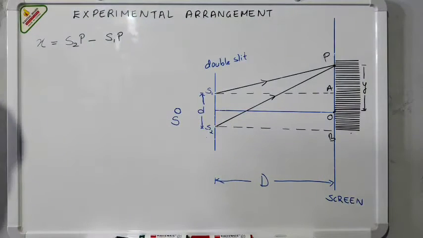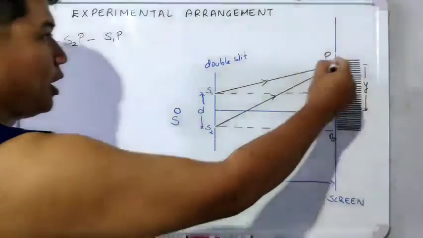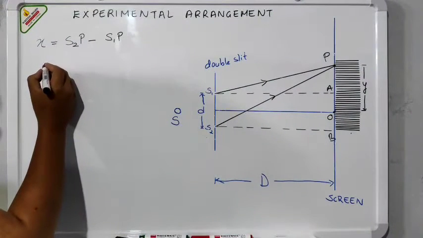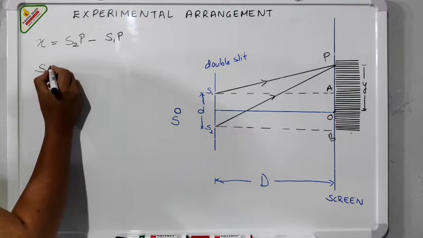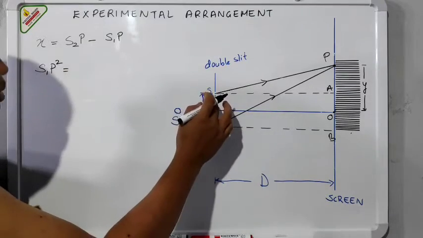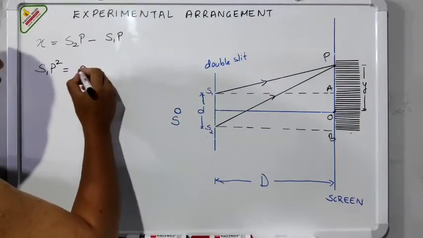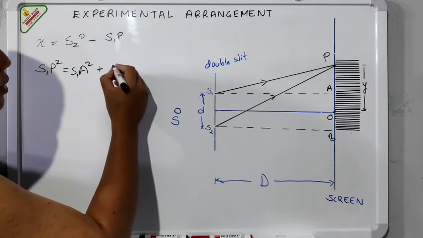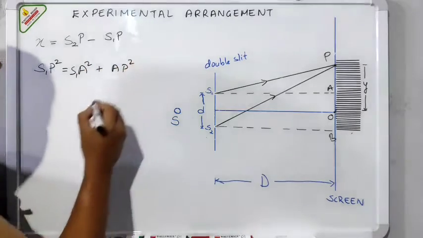The distance between A and B is d. Now S1P is the hypotenuse of this right angle triangle. S1P square is S1A square plus AP square.